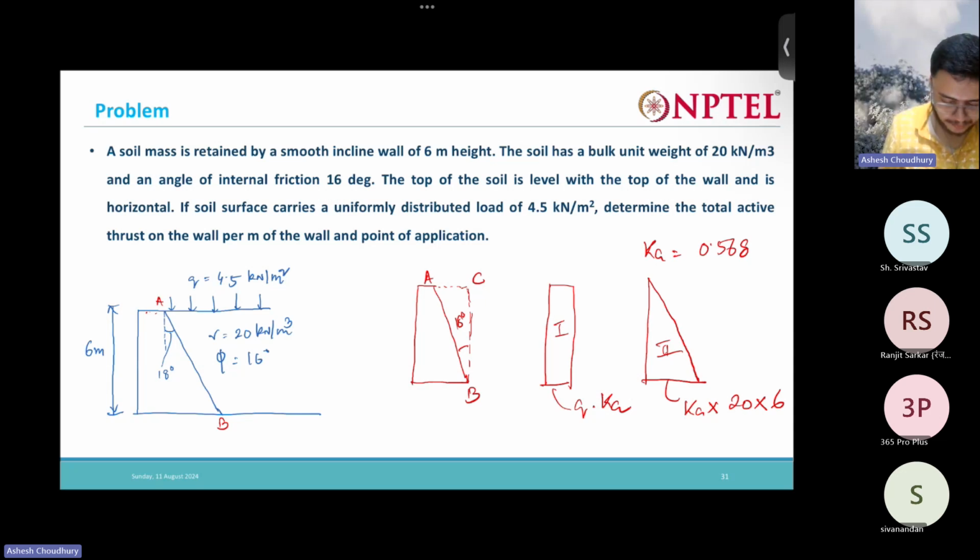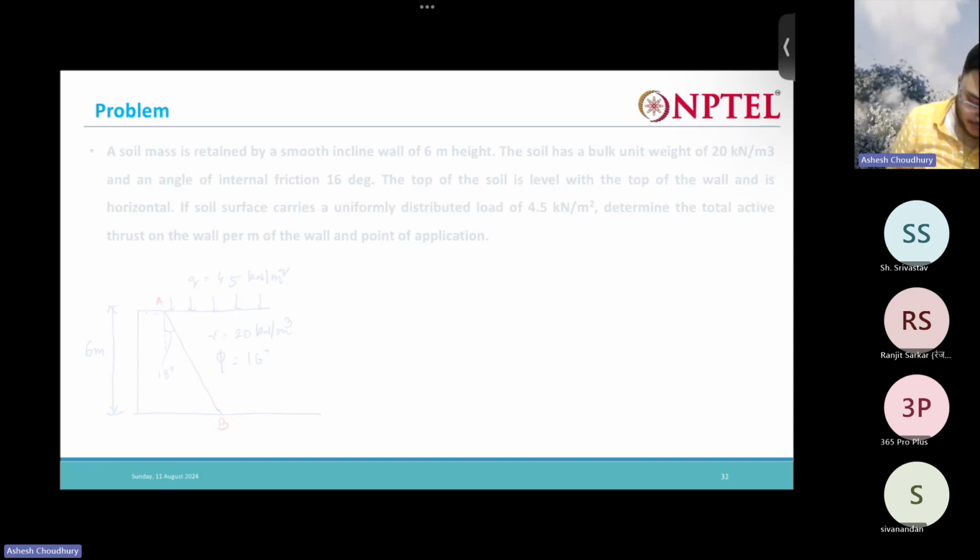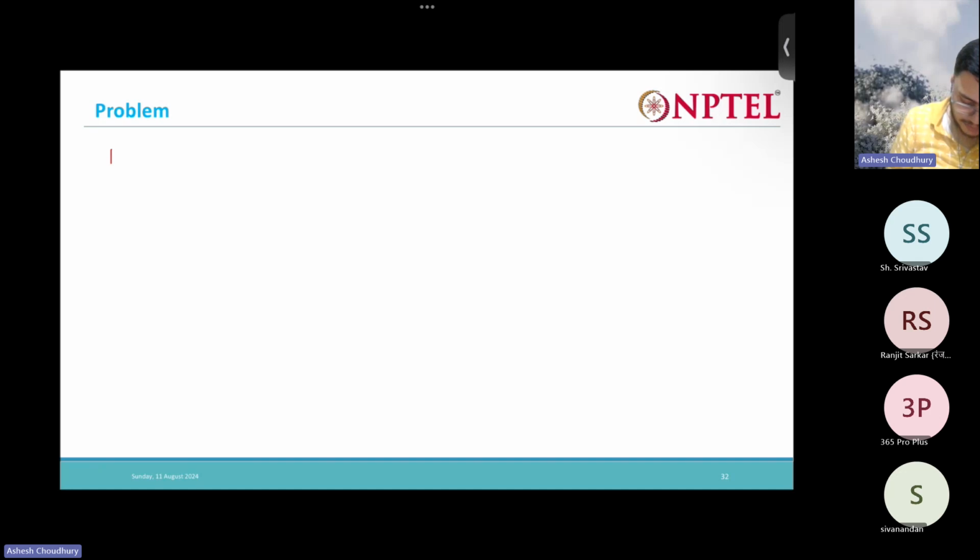All right. Now P1 similarly will be the area of this rectangle, and P2 is the area of this triangle. So P1 will come out as q into Ka times 6, the height.